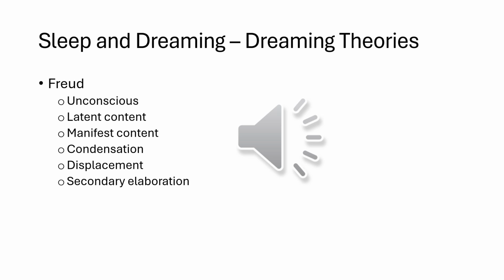To break down that manifest content, we have to look at condensation, which is the many different ideas that appear as one. Displacement, which is the different parts of the dream which may take the focus away from what the actual story is. And the secondary elaboration is what has been added to the story when telling the dream, which therefore makes it unreliable and maybe actually didn't even happen in the dream.